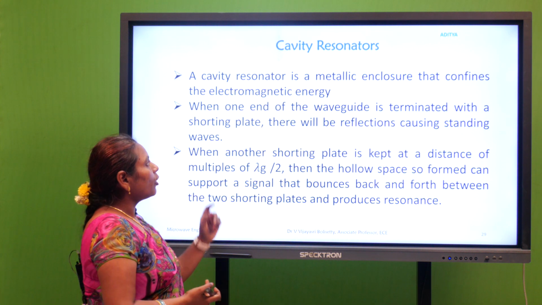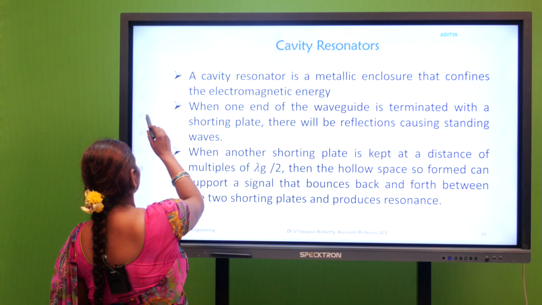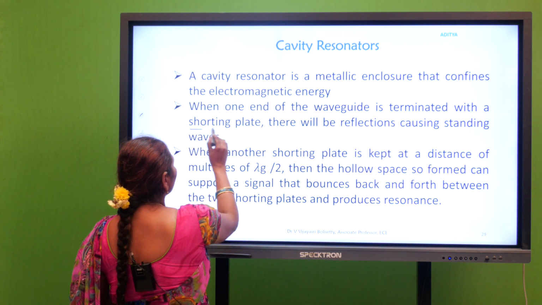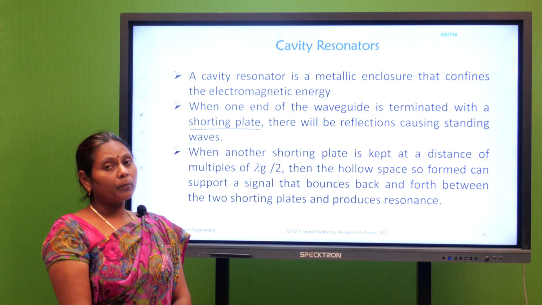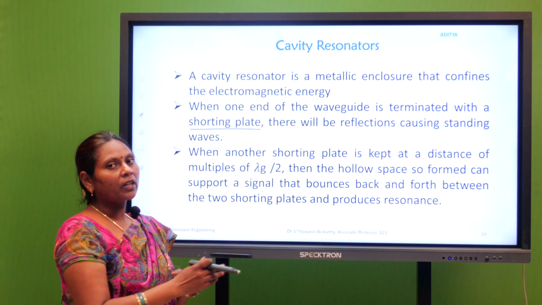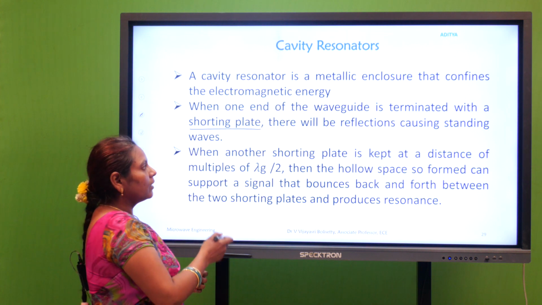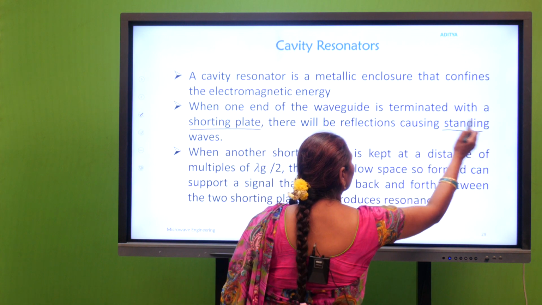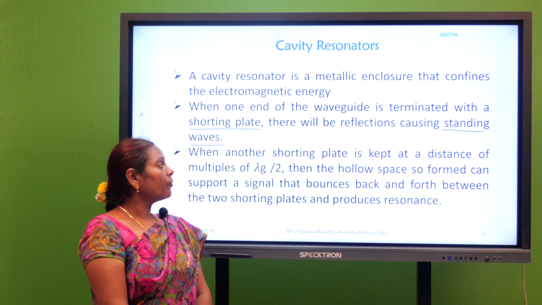When one end of the waveguide is terminated with a shorting plate, reflections are produced by the wave hitting the shorting plate. The wave moves back, and hence there may be a possibility of producing standing waves. We call them standing waves.